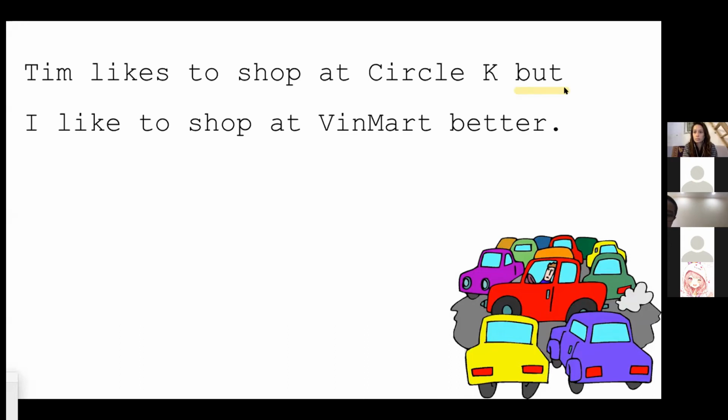A comma. And where does our comma go? Before but. All right. So remember, when we have a compound sentence, we always need a comma to separate the two simple sentences. A comma and a coordinating conjunction. Okay, good job. All right, let's look at another one.